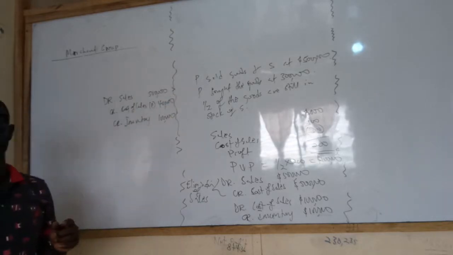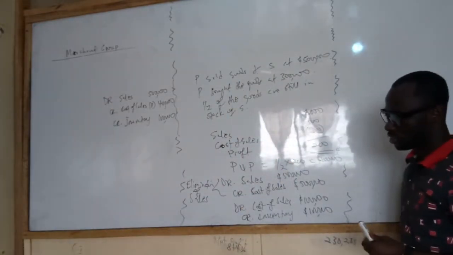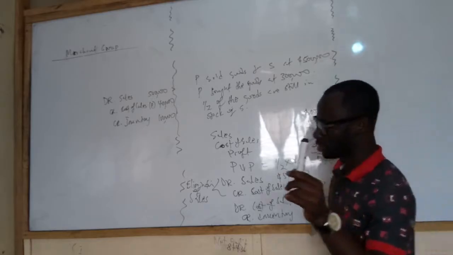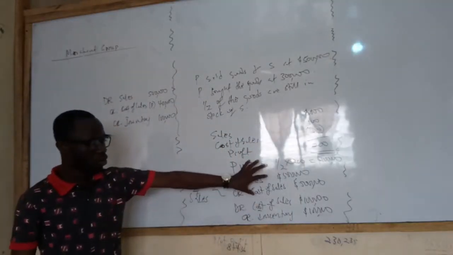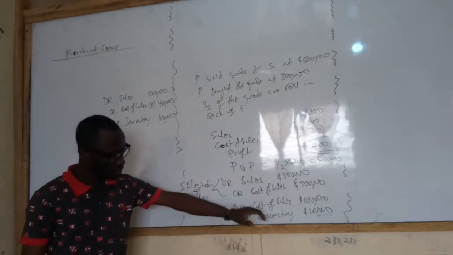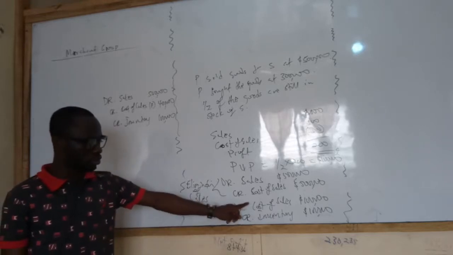So this is how we account for the intergroup trading. Get this once and for all. So we subtract the whole figure from cost of sales, add the unrealized profits to cost of sales.